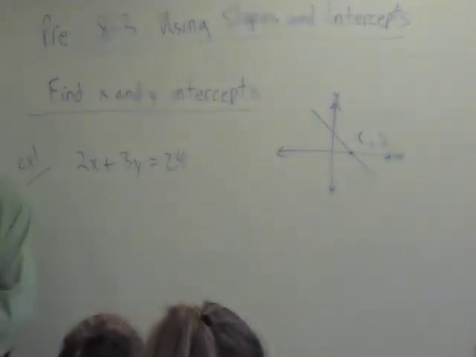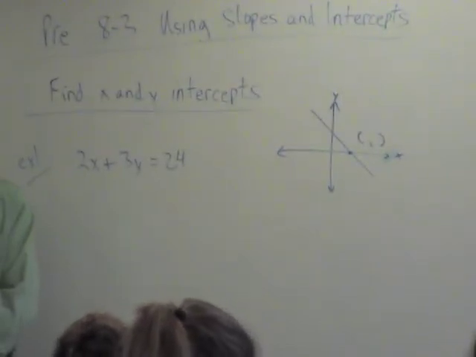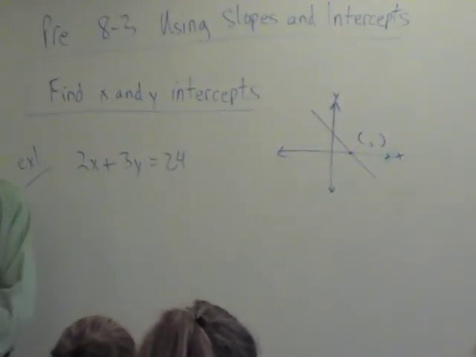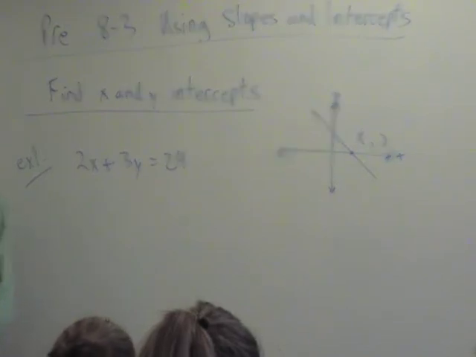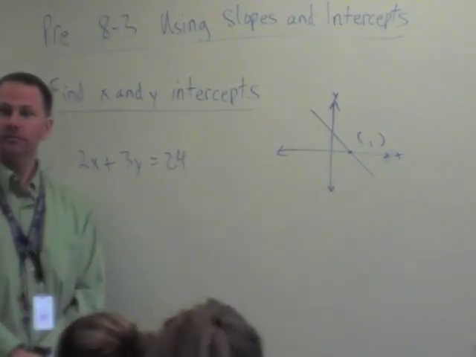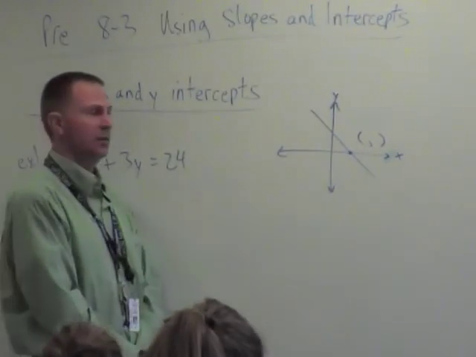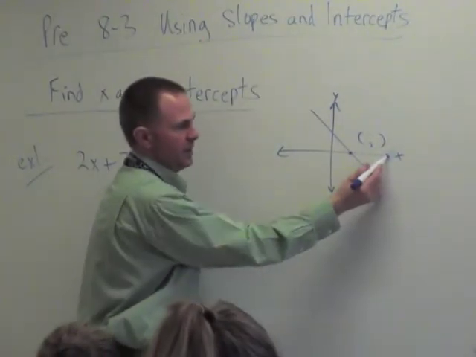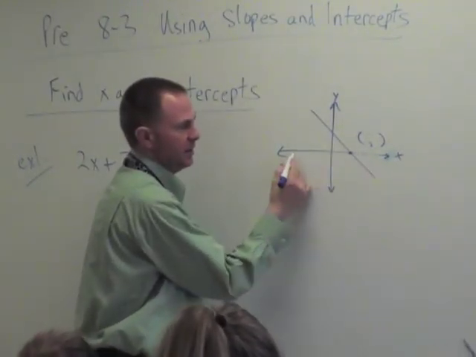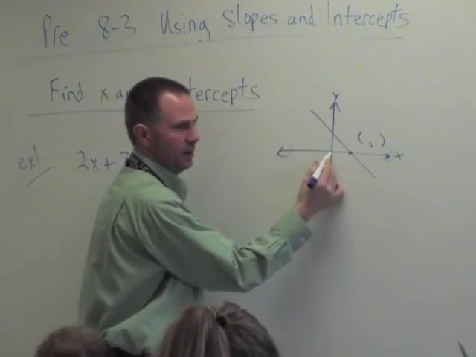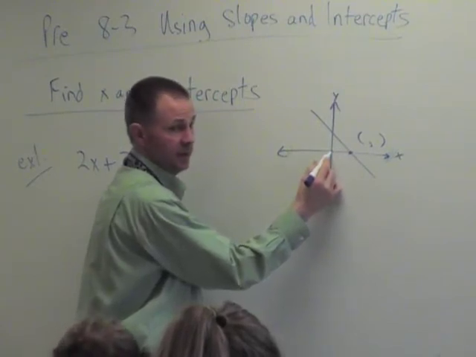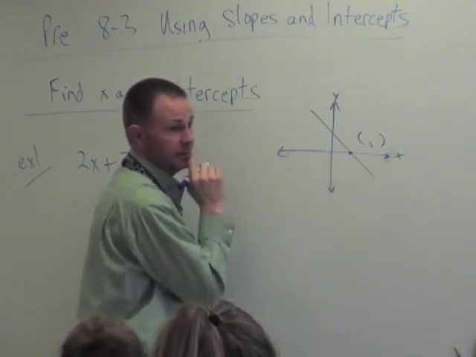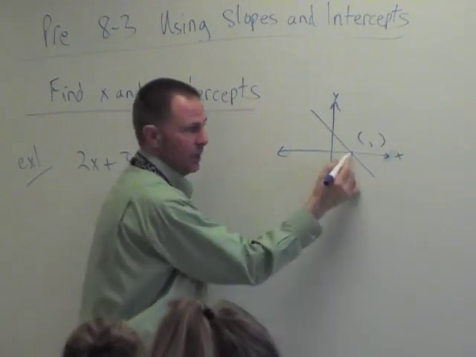It's 0. Which one, x or y? If this is the x-axis and x is 0, where is x 0? Right there. That line's not crossing right there, so x is not 0. Y is 0.